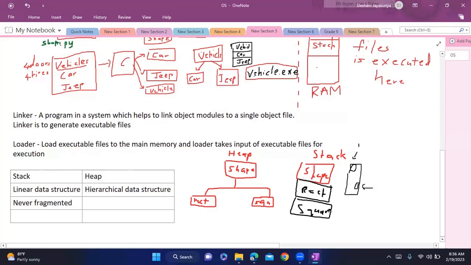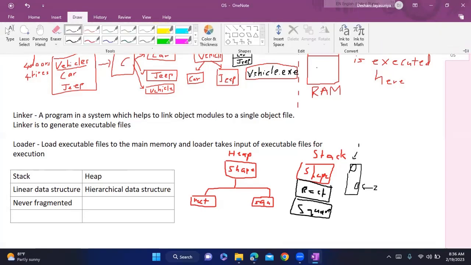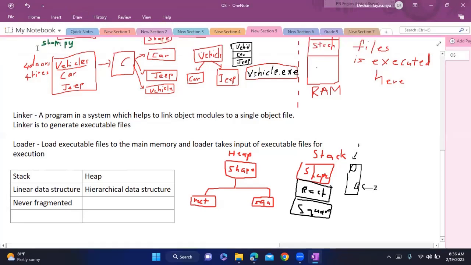Shape will not be divided into separate small pieces. So fragments means getting it into two or three sections based on the way you want it. So you can get more space allocated in a heap because you're fragmenting it. This is not fragmenting.